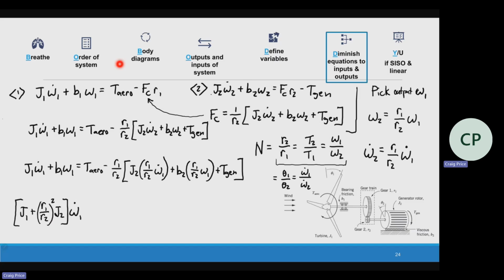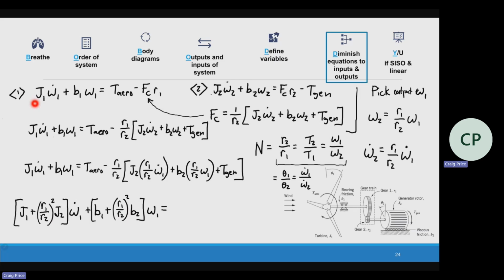Both of the moments of inertia are going to affect how this turbine is going to move. Same thing for the damping. I've got B1 plus R1 over R2 squared times B2, multiplied by omega 1. So both of the frictions are going to play a role in this.